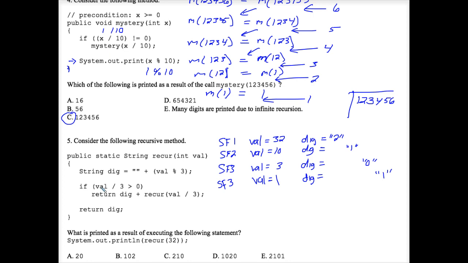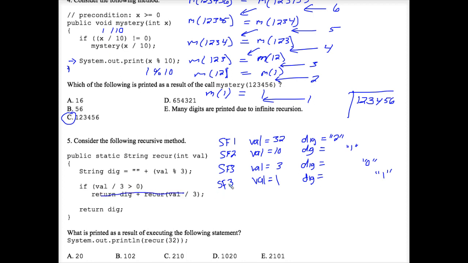And we check to see what val divided by 3 is. Well, 1 divided by 3 is 0.333 repeating, but it chops off the 0.333 because of integer division with this division symbol. So it really turns into if 0 greater than 0. Well, that's false. And we, for the first time, ignore this line of code.